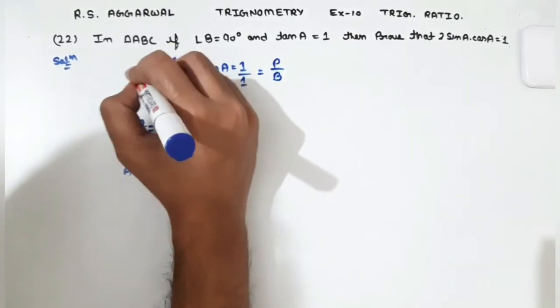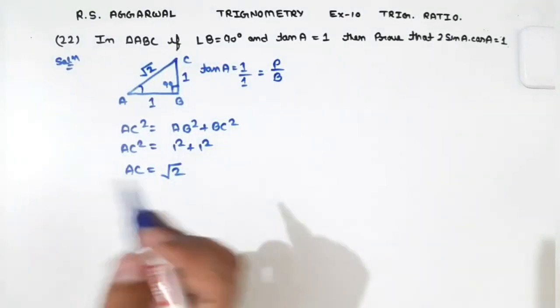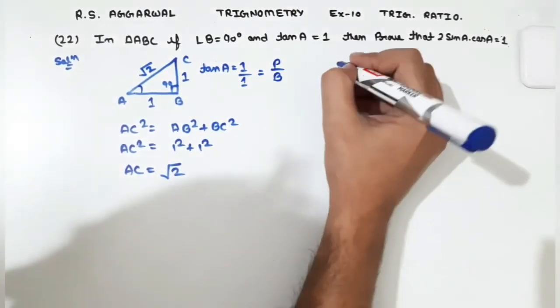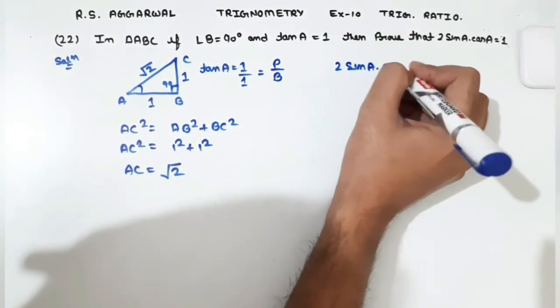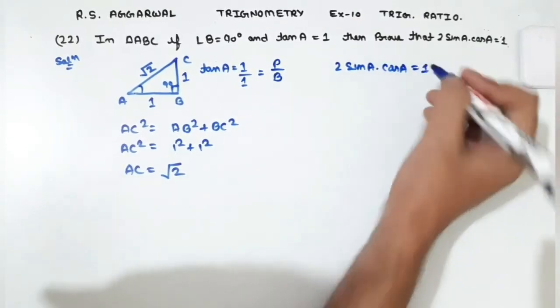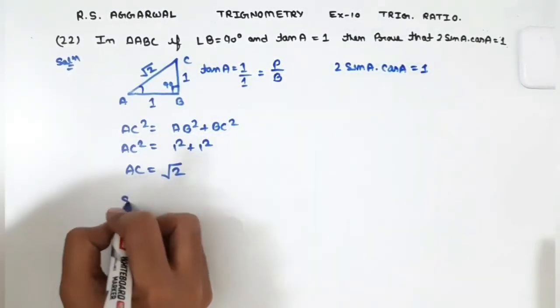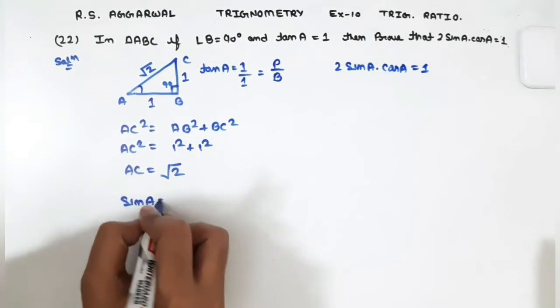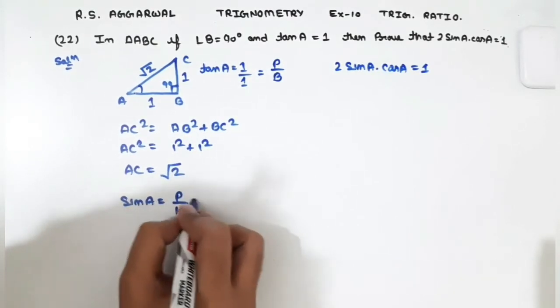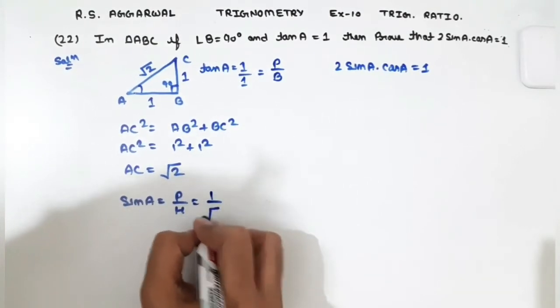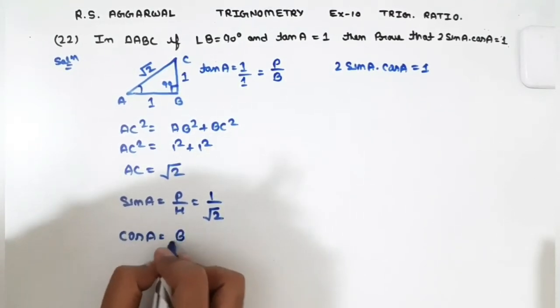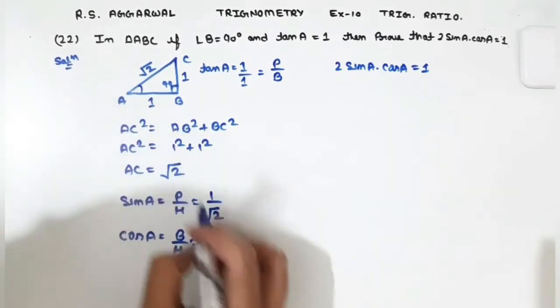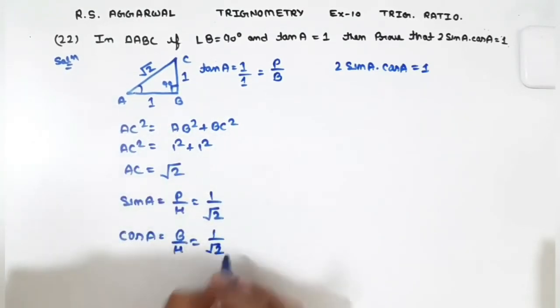This is our hypotenuse. Now we have to prove 2 sin A into cos A equals 1. From this triangle, the value of sin A will be perpendicular upon hypotenuse, perpendicular is 1 and hypotenuse is root 2. And the value of cos A will be base upon hypotenuse, that is 1 upon root 2.